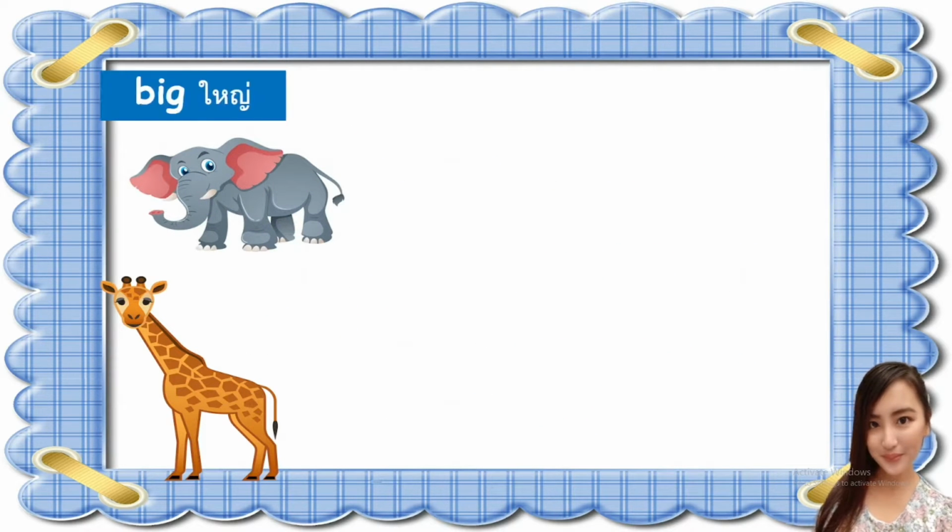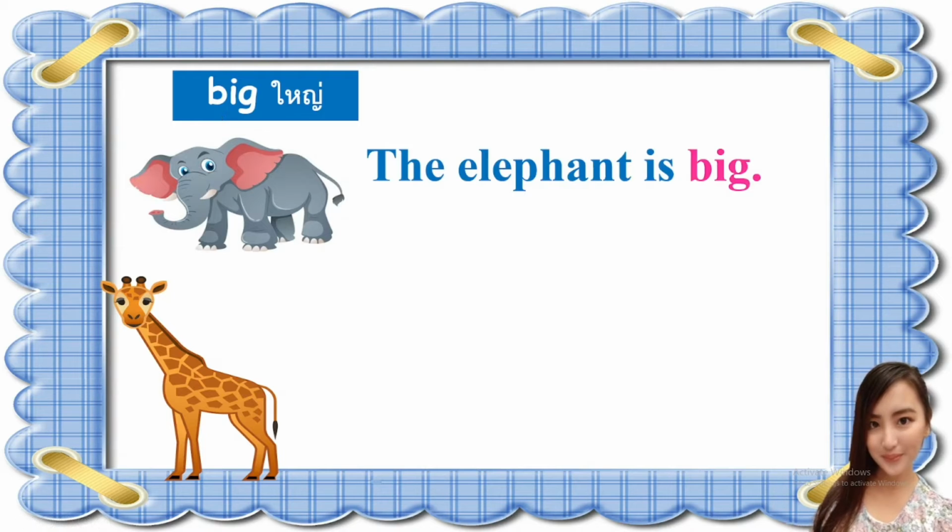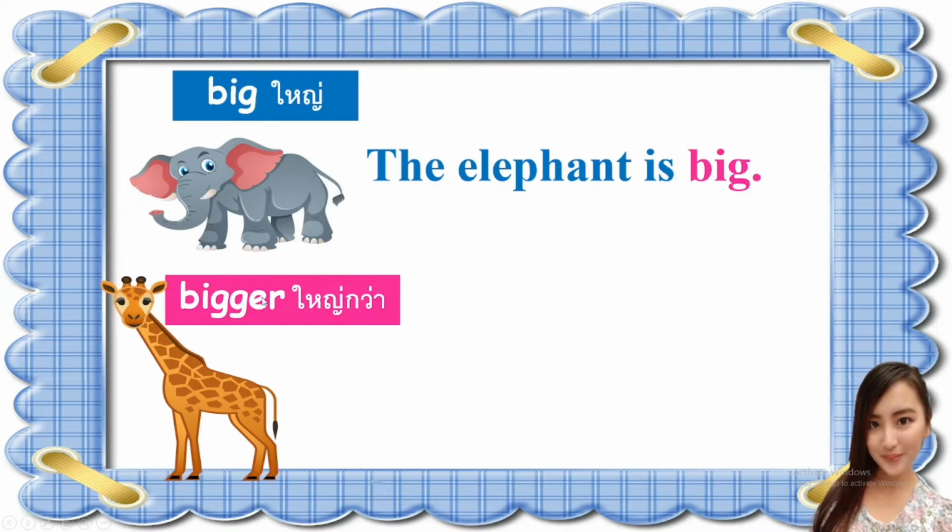Another example. We have elephant and giraffe. The adjective is big. Everybody say, the elephant is big. And we have bigger.